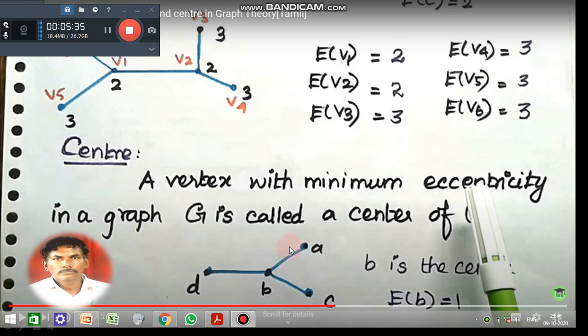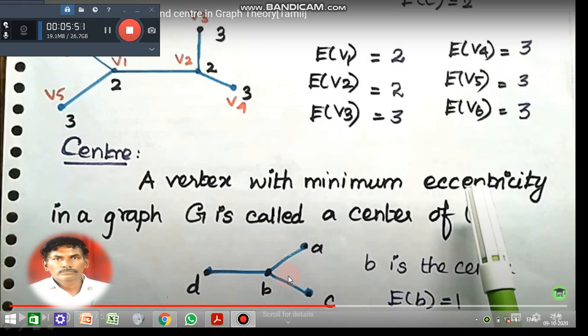Now take this tree where the vertices are D, B, A, C. D has eccentricity 2, A has eccentricity 2, and C has eccentricity 2.